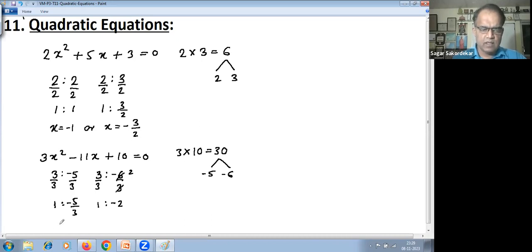So x equal to minus, sorry, this is minus here, so it will be plus 5 by 3. This is negative, so answer here x is 5 by 3, or x equal to 2. So x equal to 5 by 3 or x equal to 2. That is the answer of this.